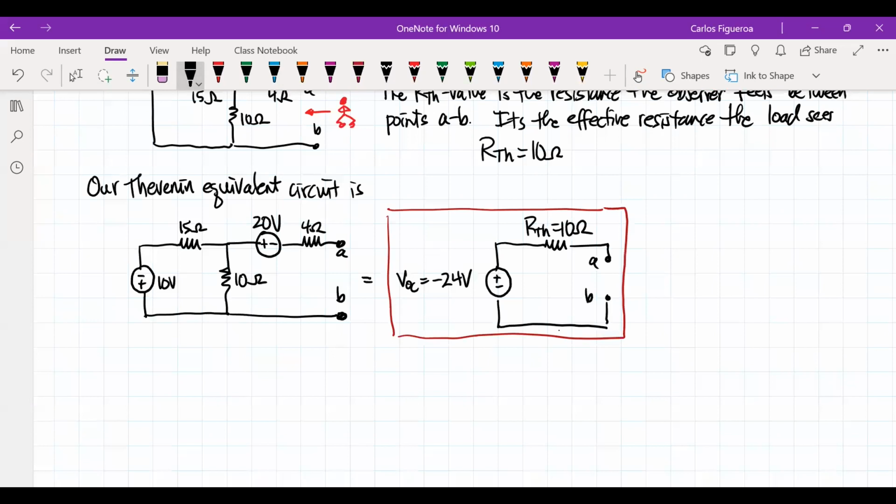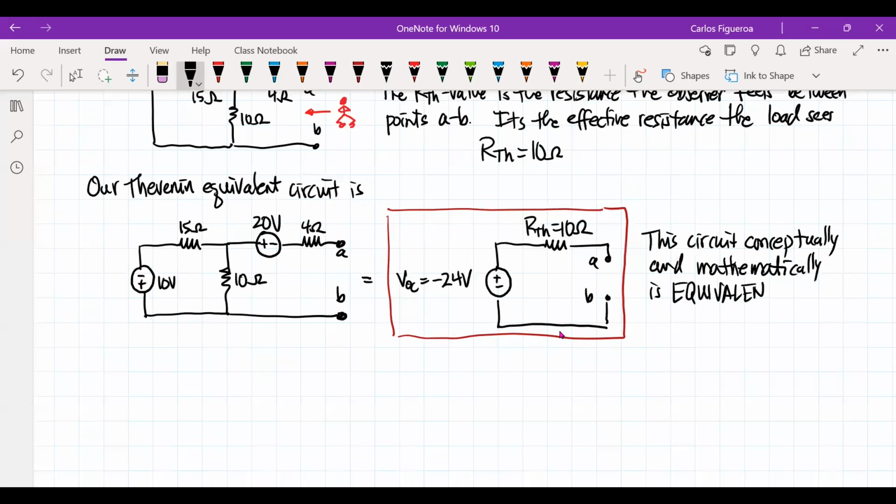And I would say that this circuit conceptually and mathematically is equivalent to the original circuit.